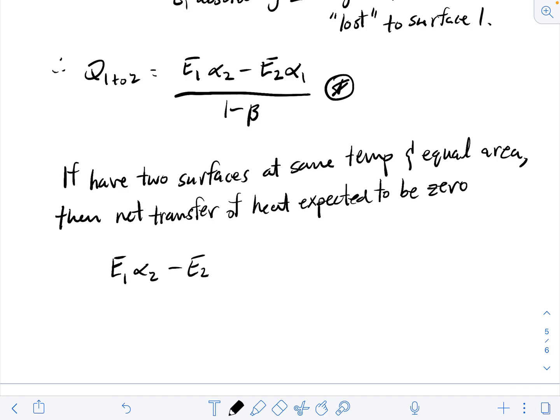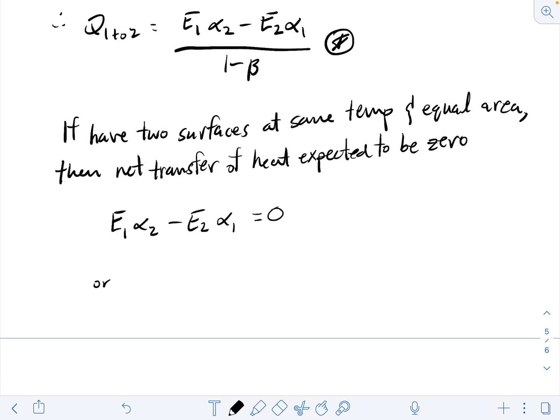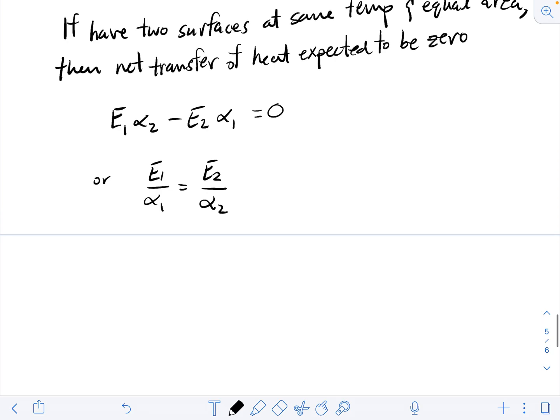And so in that case, that would only be true if the numerator in equation star was equal to 0. Okay, but this condition requires that E1 over alpha 1 must be equal to E2 over alpha 2.